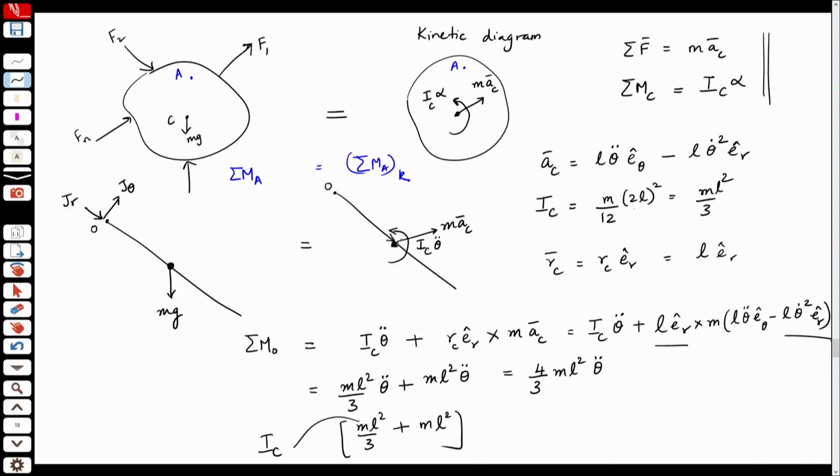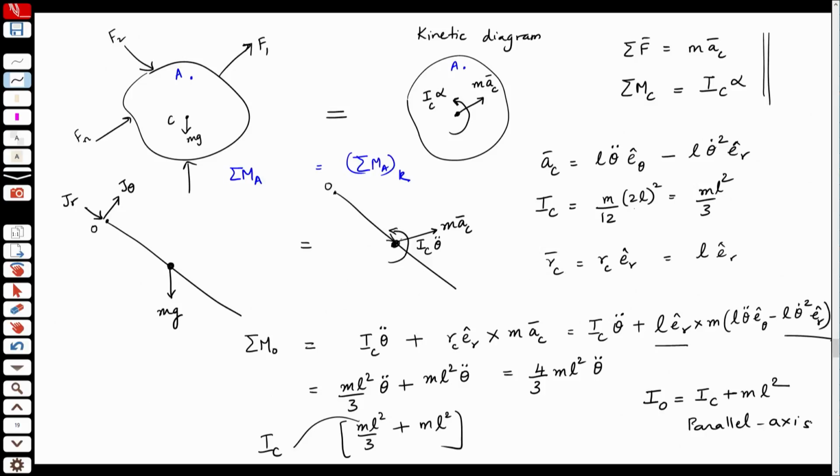Now, I have this mass m located at distance L. Okay. By the parallel axis theorem, the moment of inertia about O equals the moment of inertia about C plus m L squared. Okay. So, that is what this is giving me.